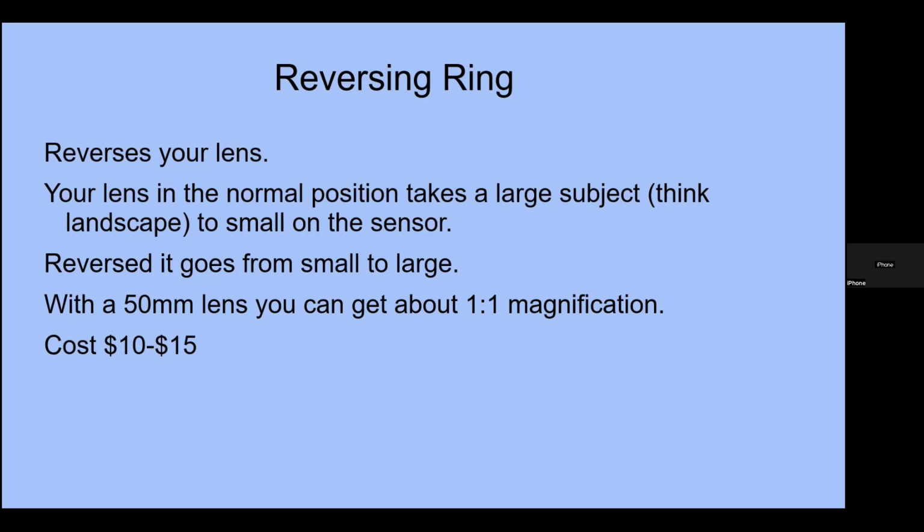There's all that good and bad stuff that goes with everything. Nothing's perfect. But for $15, and if you have a 24 or even an 85, you can reverse them, and you'll get the magnification of whatever that is. The 50, I know, is about 1:1.